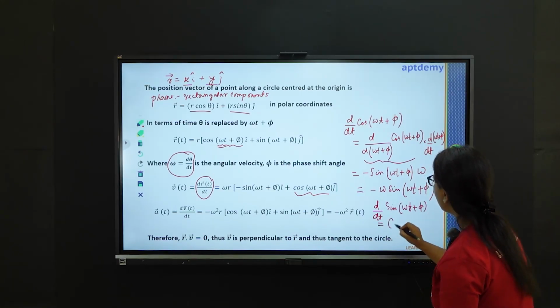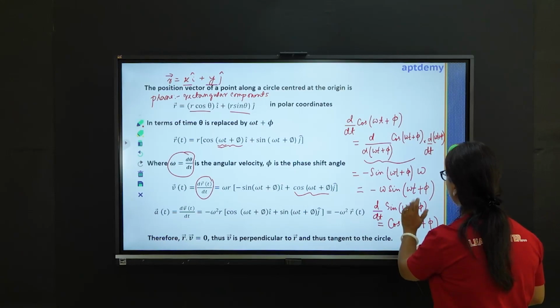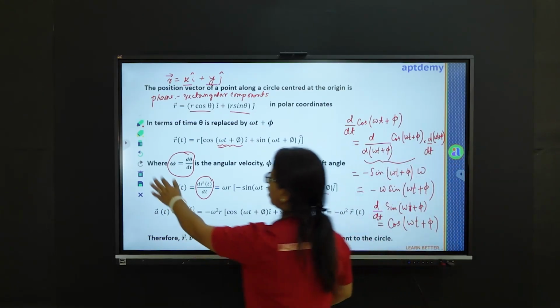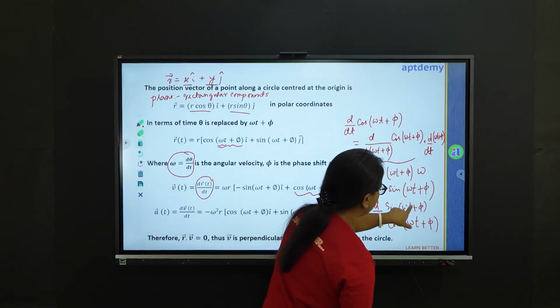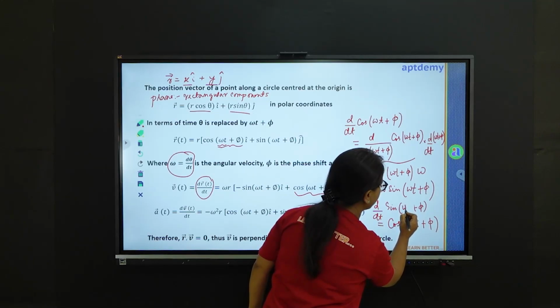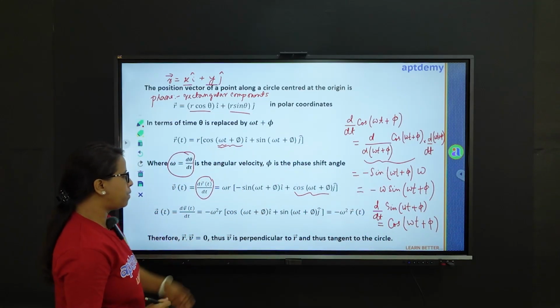This is nothing but cos of omega t plus phi. So let me change this. Omega t plus phi. So this is to be replaced here.